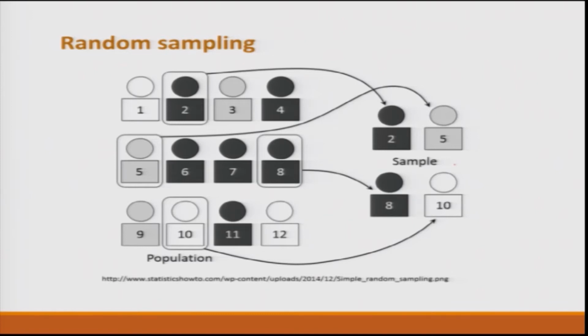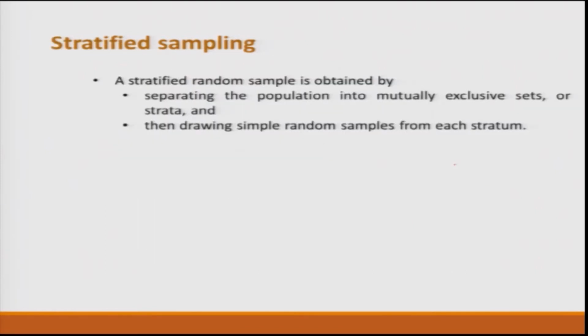Next comes stratified sampling. A stratified random sample is obtained by separating the population into mutually exclusive sets or strata, then drawing simple random samples from each strata.